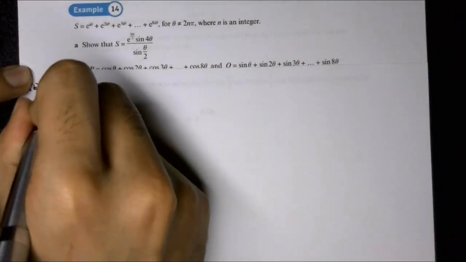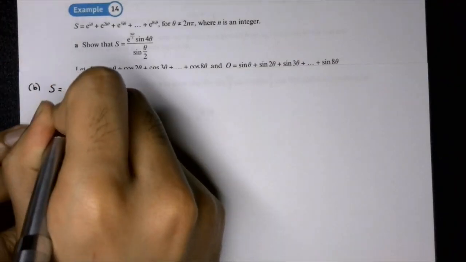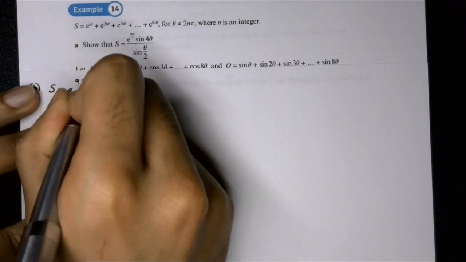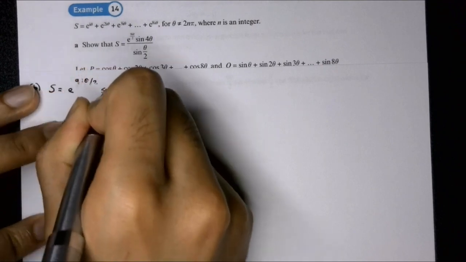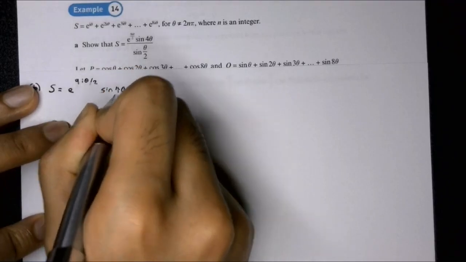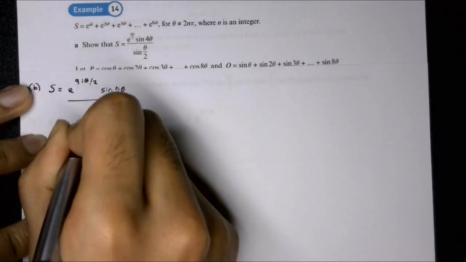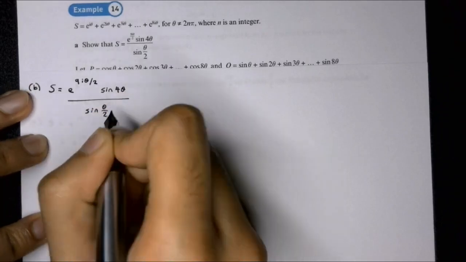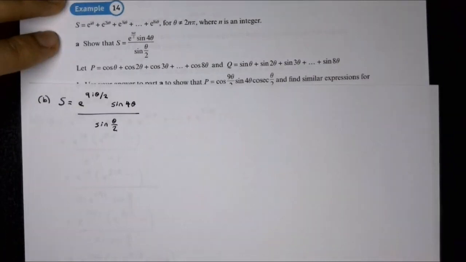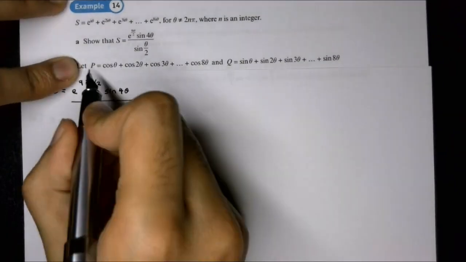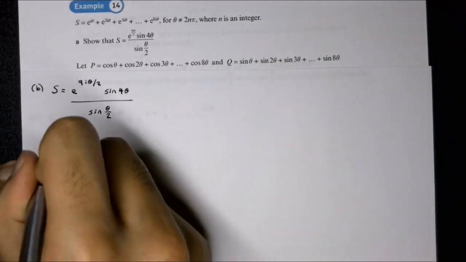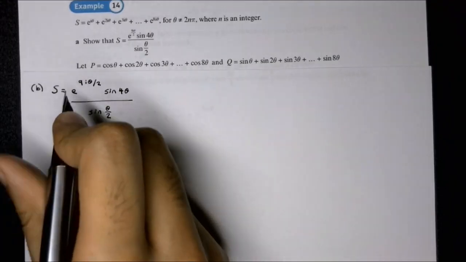We know that s is equal to e to the 9i theta over 2 times by the sine of 4 theta divided by the sine of theta over 2. So when we come to look at what P is, P obviously is the real part of s. So let's just write this down.